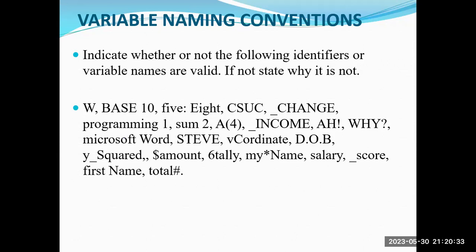So someone should tell me which among these four is valid. Sorry, all of them are valid. But which one is appropriate and inappropriate under valid?